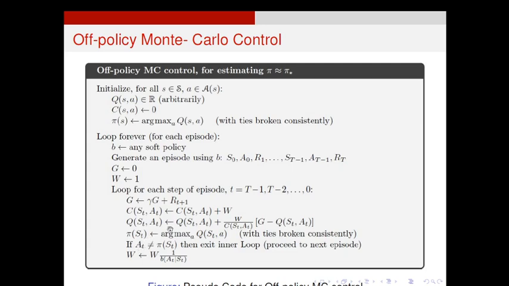What is AT? AT is the action under our behavioral policy. It's a very simple idea. At state ST, the action under the behavioral policy is not equal to the action under the target policy. That means there is no match. At this particular state ST, the original policy does not match our behavioral policy.